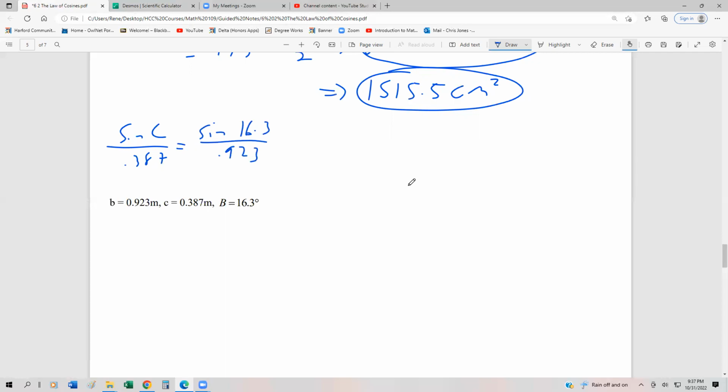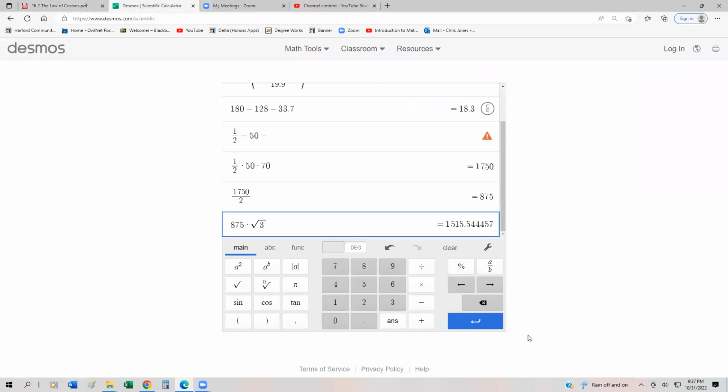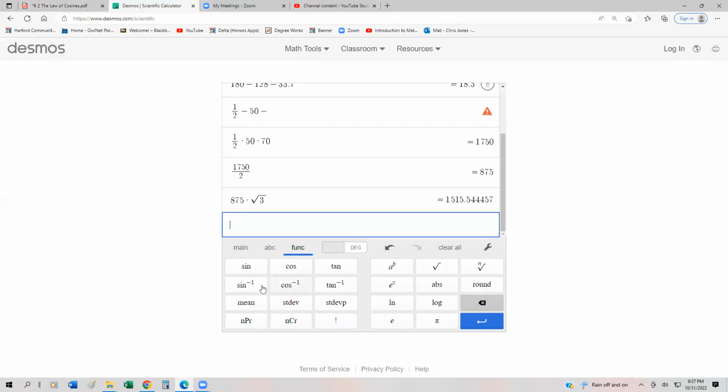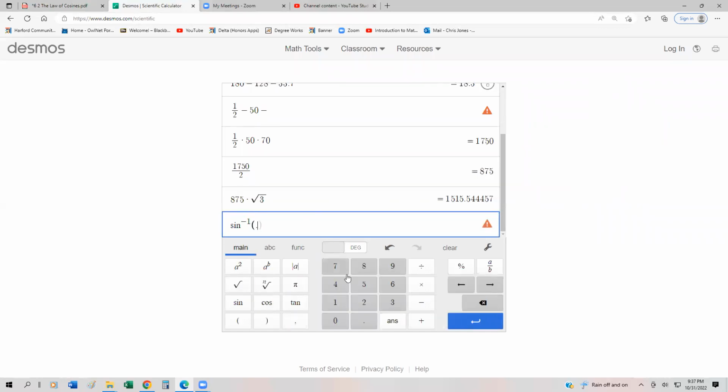We can multiply both sides by 0.387 and find the arc sine.